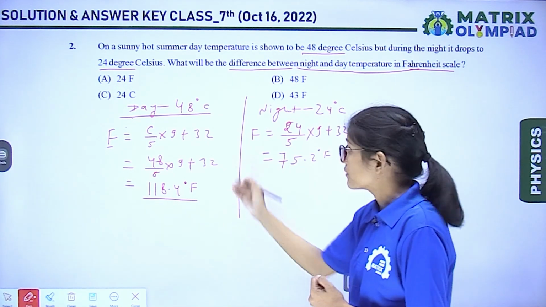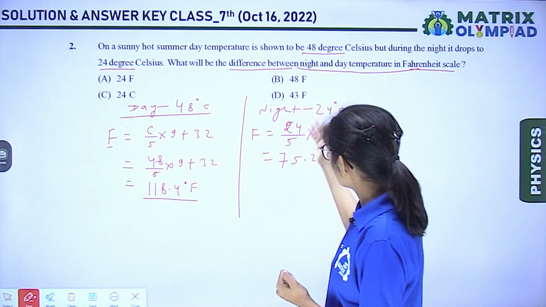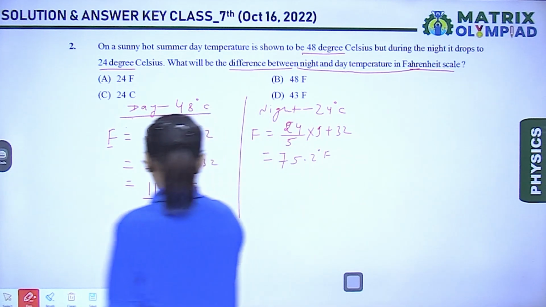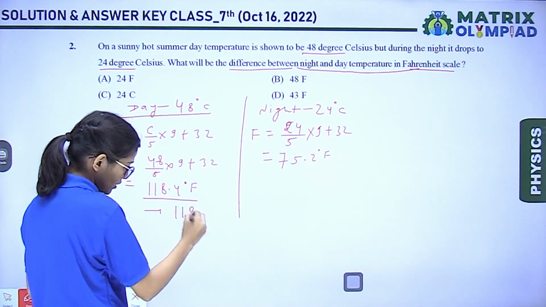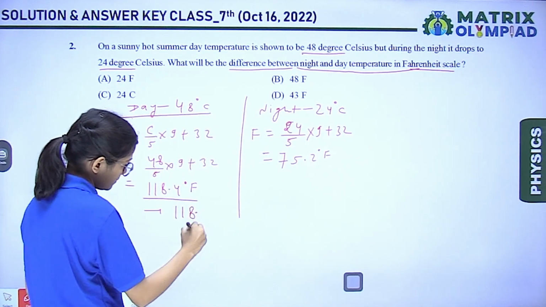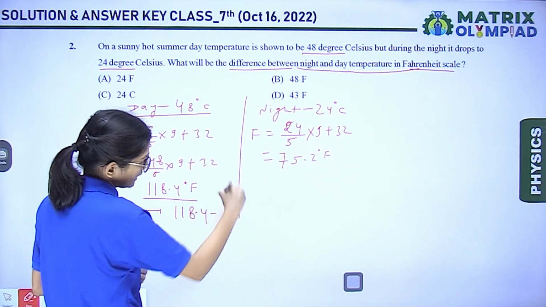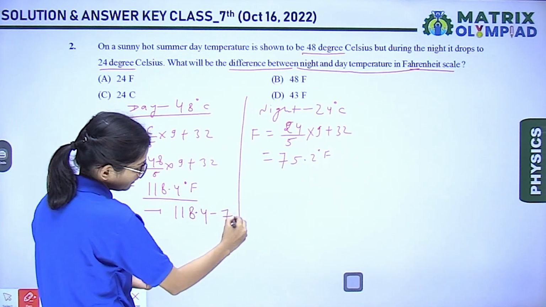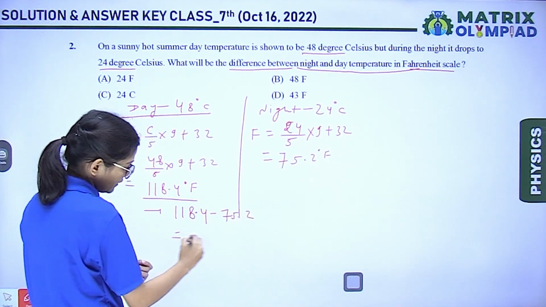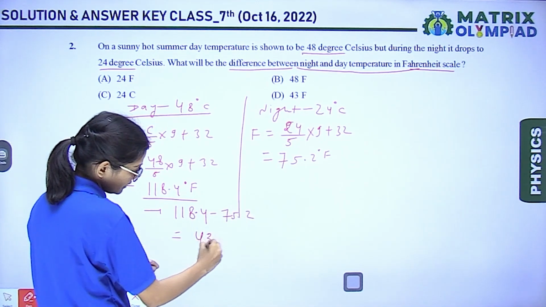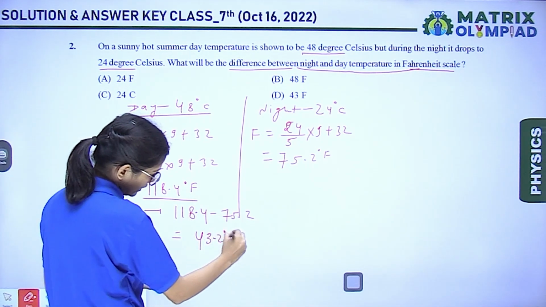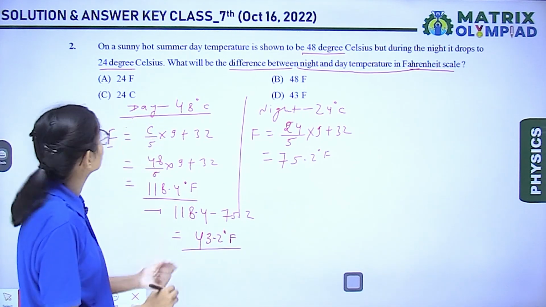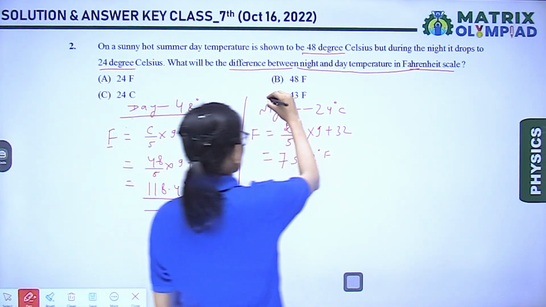Now take the difference of the day temperature and night temperature: 118.4 minus 75.2, and it will be 43.2 degrees Fahrenheit. So our answer for that question will be option D.